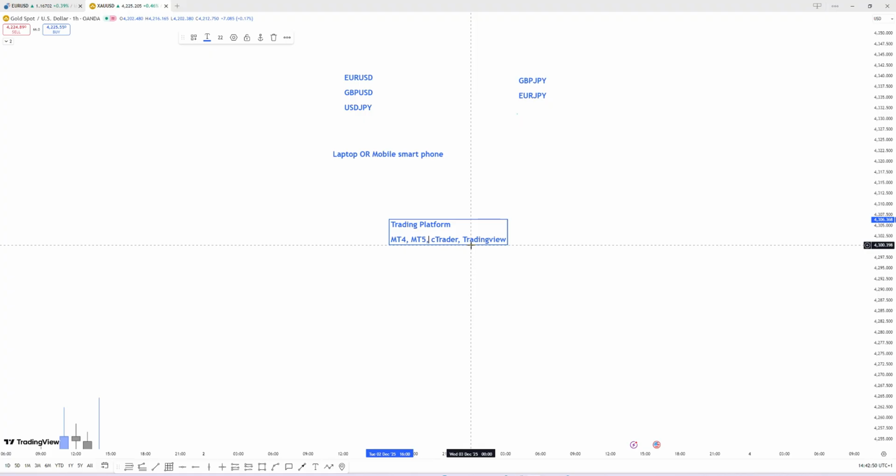TradingView is a charting platform that gives you the ability to carry out technical analysis on the currency pairs you intend to trade. You need any of MT4, MT5, or cTrader, because these are platforms which give you access to the forex market to place buy or sell positions, and you need TradingView to analyze and determine the direction of a particular currency pair.